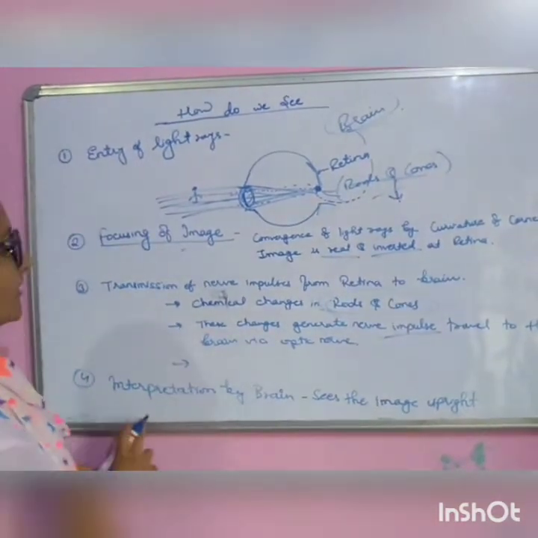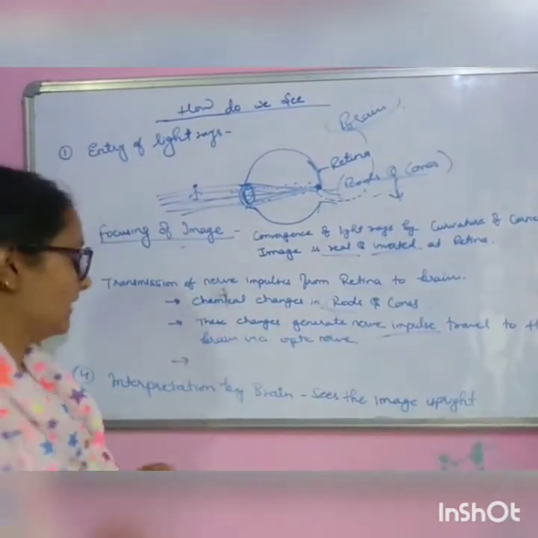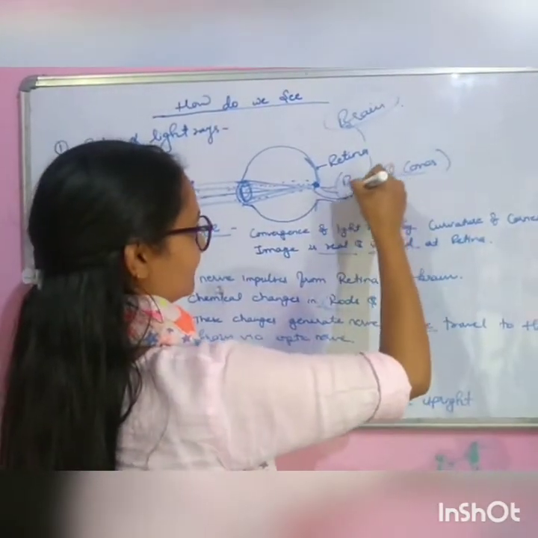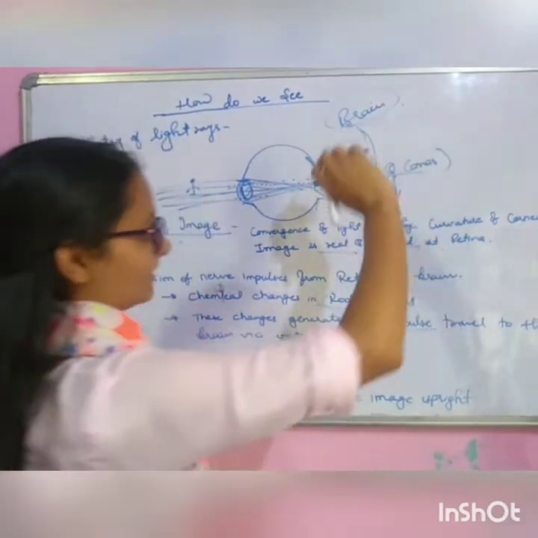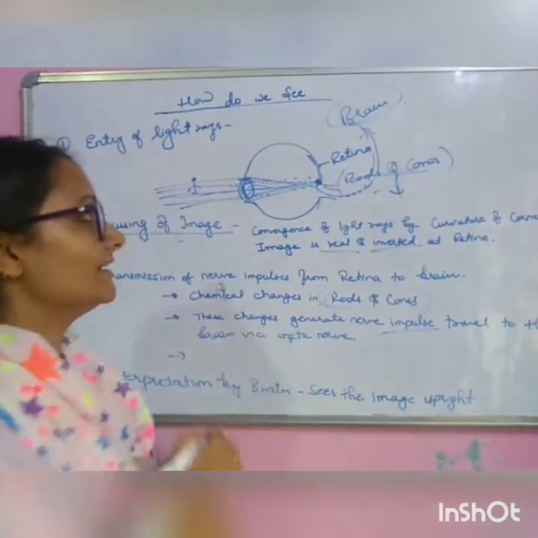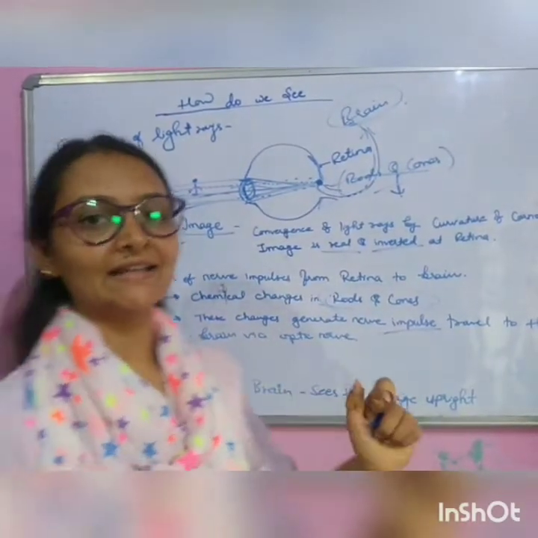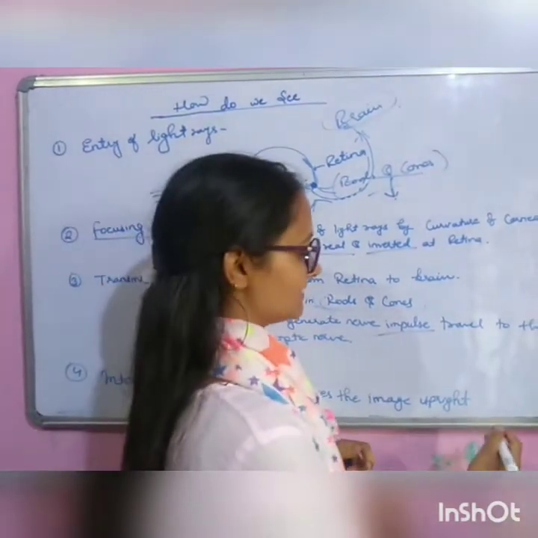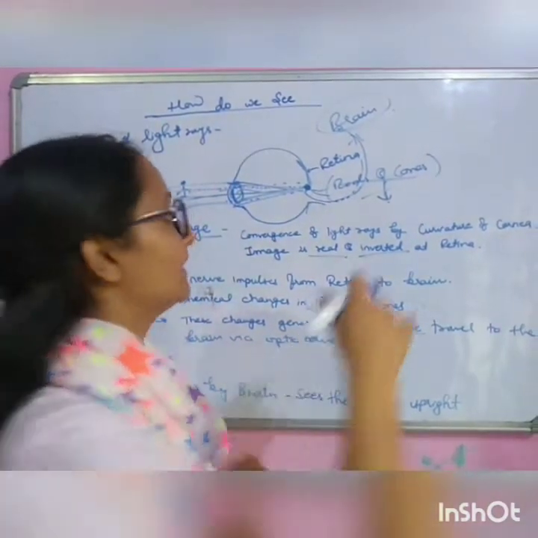The last step is of the brain. What will it do? Interpretation by the brain. The image travels via the optic nerve in the form of impulse to the brain. Then the brain sees it in the upright position, so we see things in an upright way.